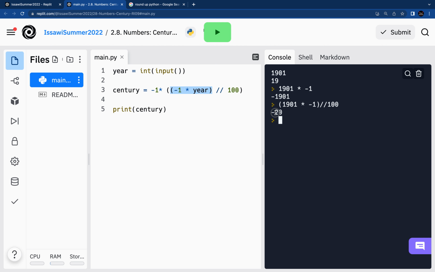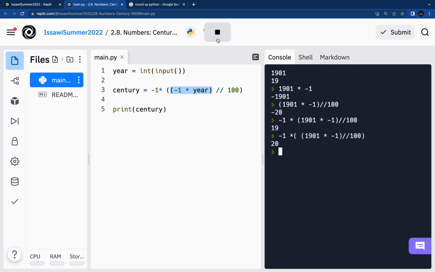It rounds down, but the absolute value of it, if we multiply by -1, we end up getting, we have to multiply the whole thing by -1. Sorry. Multiply this whole thing by -1. Whoops. We end up getting 20.